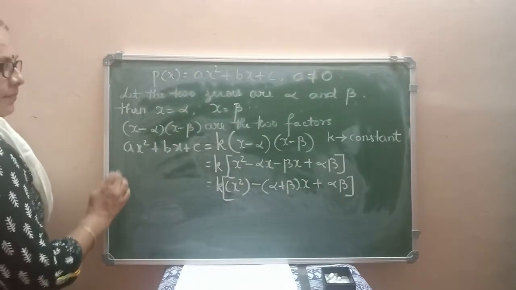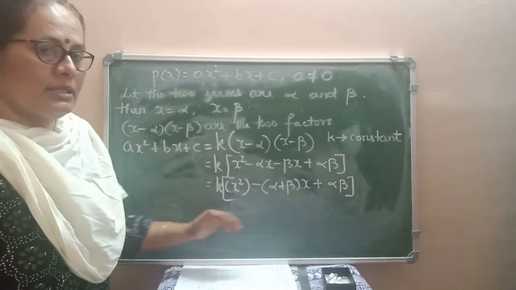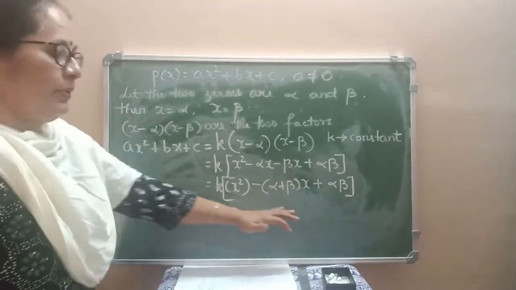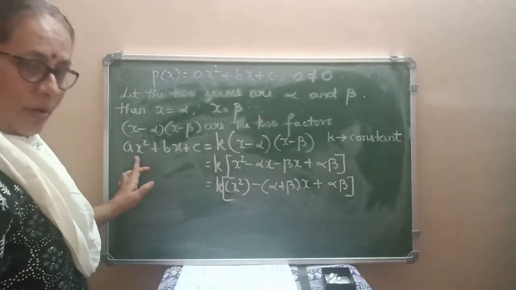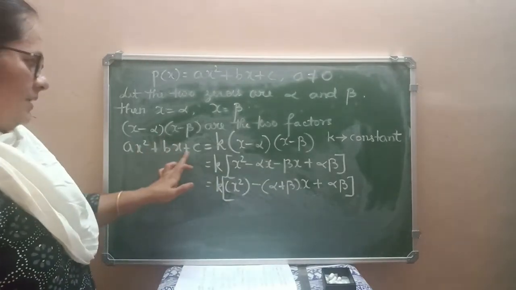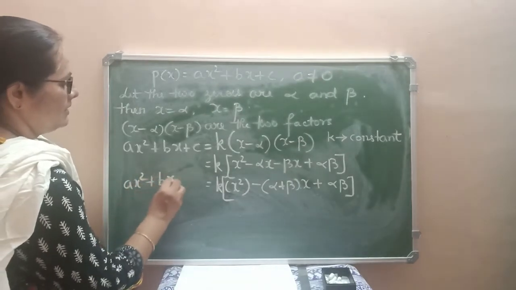Now compare the coefficients of x square, x and the constant terms on both the LHS and RHS. ax square plus bx plus c.